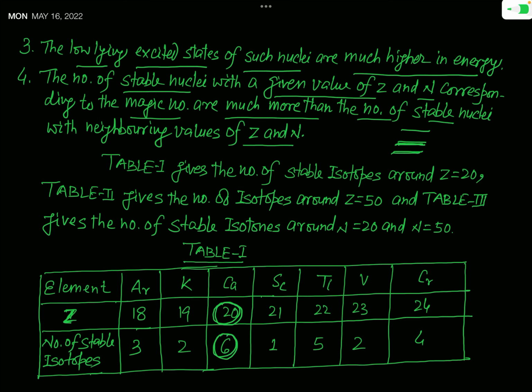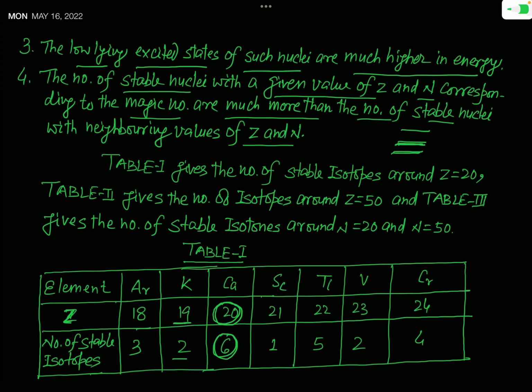But when you see its neighboring nuclei, for example the nucleus of potassium in which there are 19 protons, the number of stable isotopes is only 2, which is less than 6.